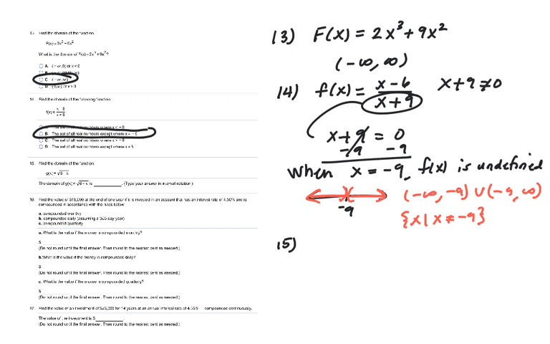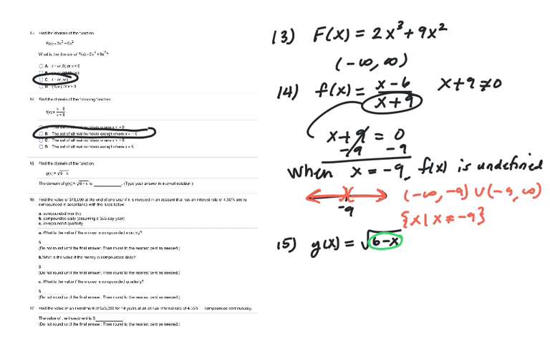Okay, 15 asks to find the domain of the function g of x. And so g of x is given as the square root of 6 minus x. Okay, so when we have the square root or any even root, a square root, a fourth root, a sixth root, we want to exclude any value for the expression here that causes our expression to be negative.